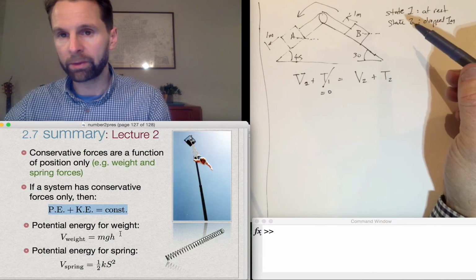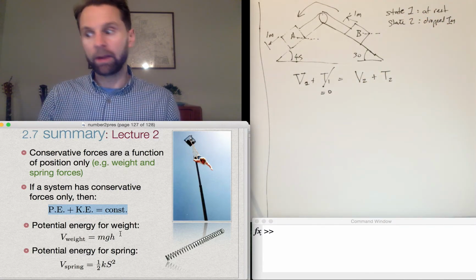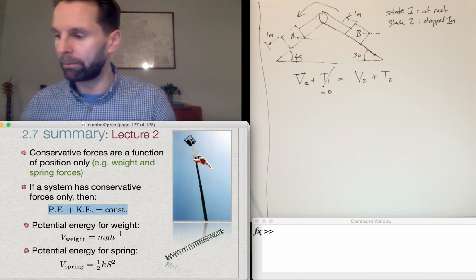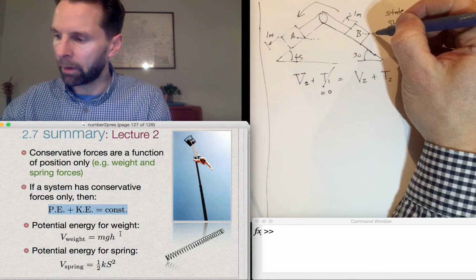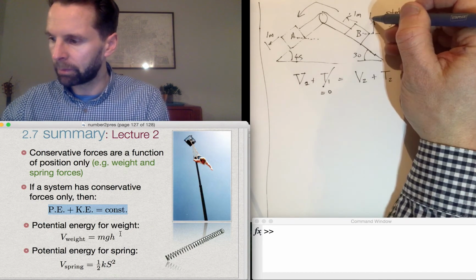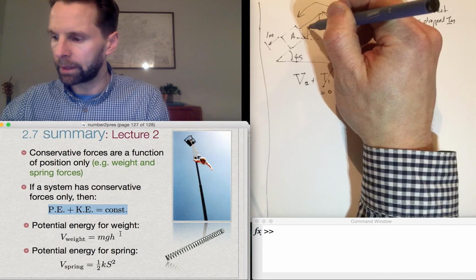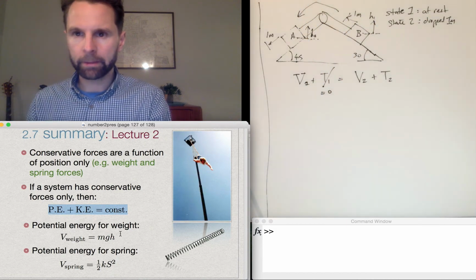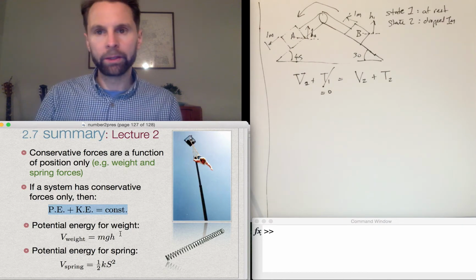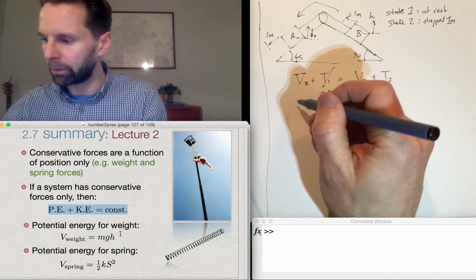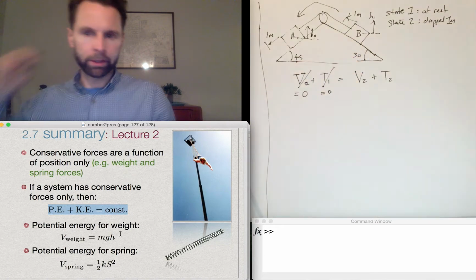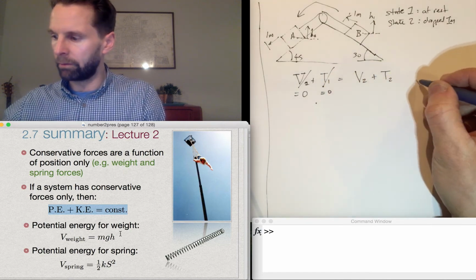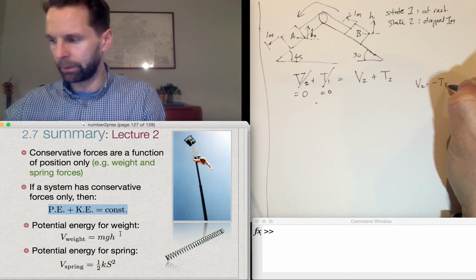So, by definition, the potential energy of both boxes is 0 at state 1. And as they move, this will go up a distance, call it h1, and this is h2. Now, h2 is going to be negative. So when h1 and h2 are 0, at state 1, we've got no potential energy. So this tells us that V2 is equal to minus T2.